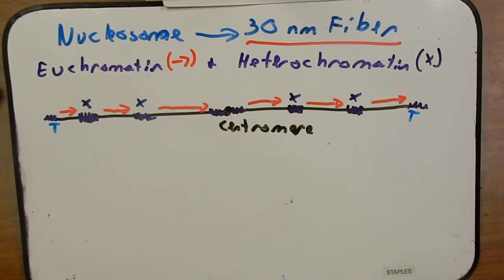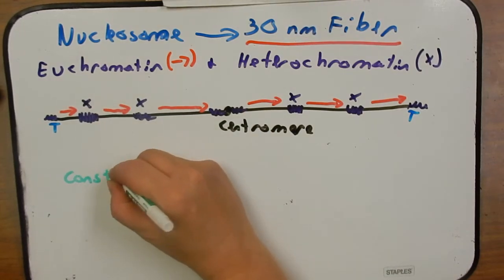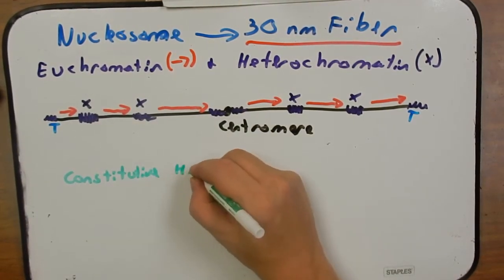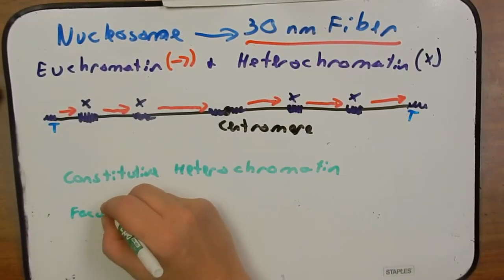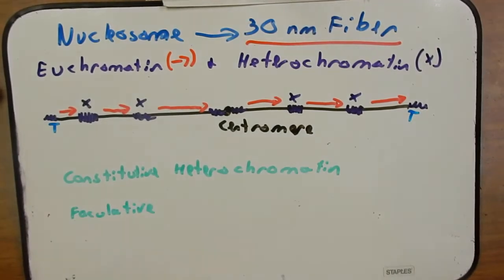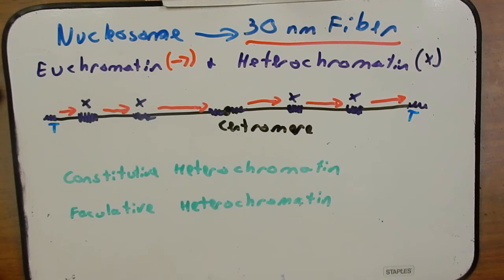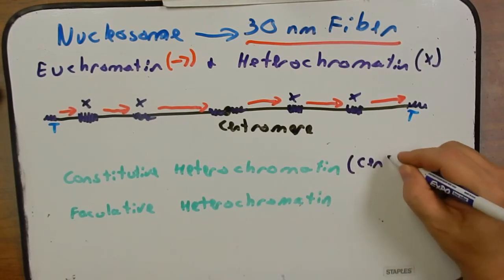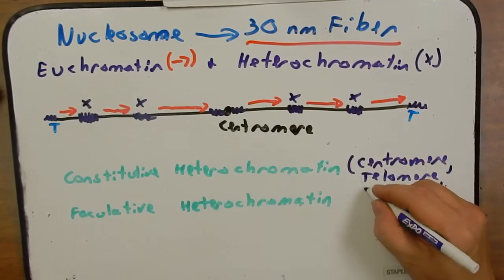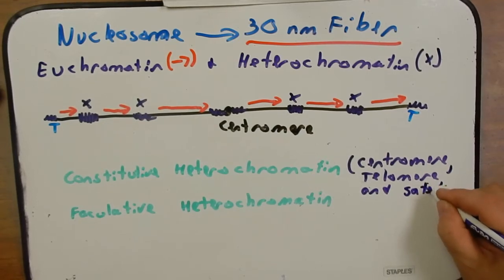Now, there are two terms that I didn't mention when we talked about this, and they are constitutive heterochromatin and facultative heterochromatin. Constitutive heterochromatin would include the centromere and the telomere, and areas where there is satellite DNA.